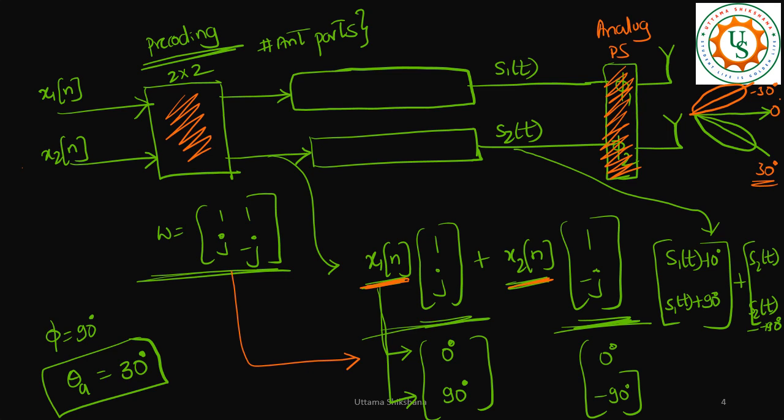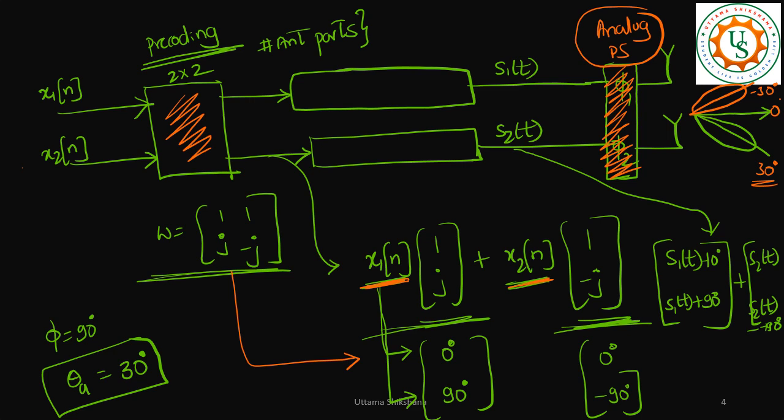Even if we want to, we can apply some more phase shifters in the analog domain by considering some phase shift value. If we do that, then precoding based beamforming is also happening. As I was telling, precoding based beamforming is nothing but digital beamforming.